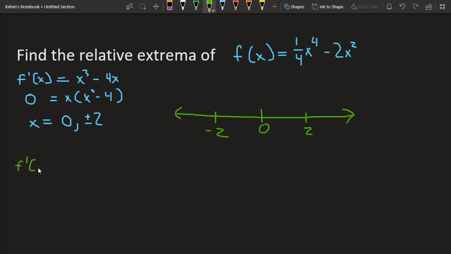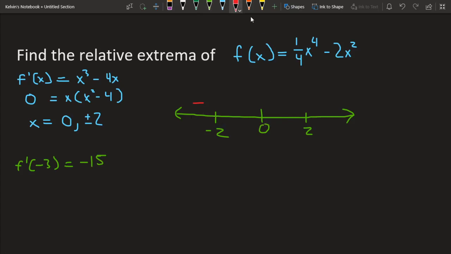So f prime of negative 3 is equal to negative 15 if you plugged it in here, because negative 3 times 9 minus 4 is 5, so that's negative 15. But the important part here is not the value, it's the negative. So we know that this is now negative.